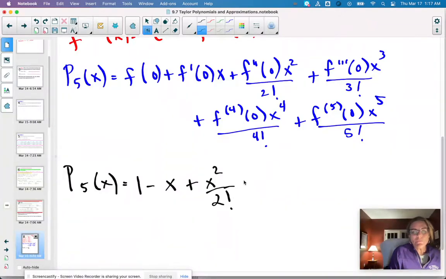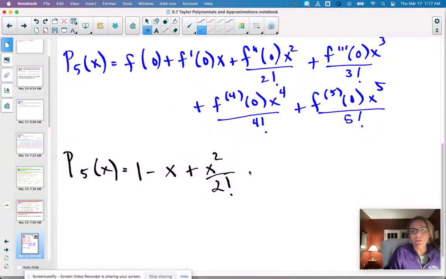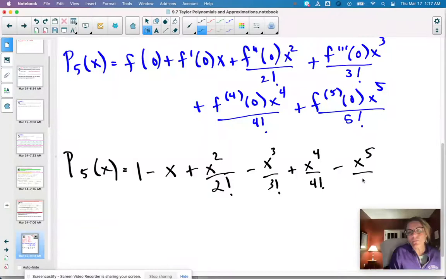And then the third derivative at 0, that's -1. So negative x cubed over 3 factorial plus x to the fourth over 4 factorial minus x to the fifth over 5 factorial. I'm just checking to make sure everything looks good. Yep.